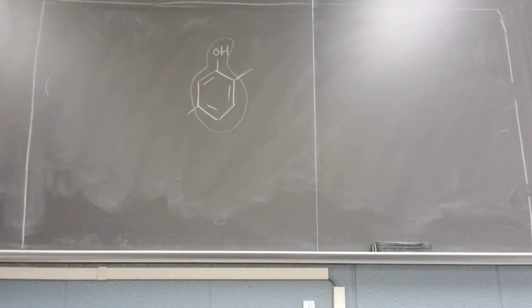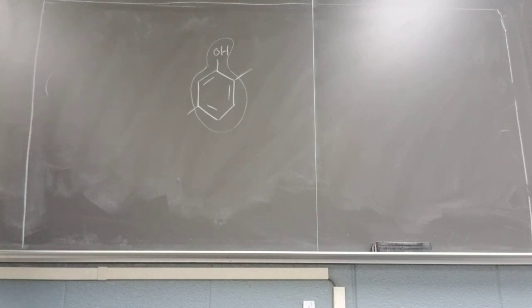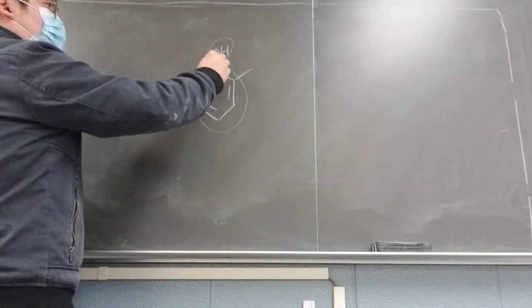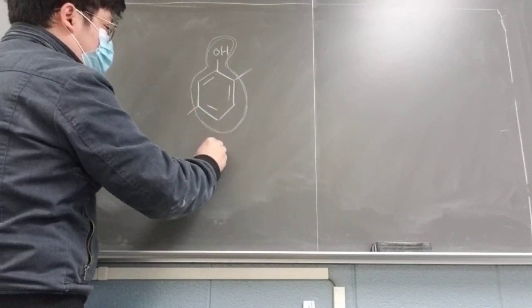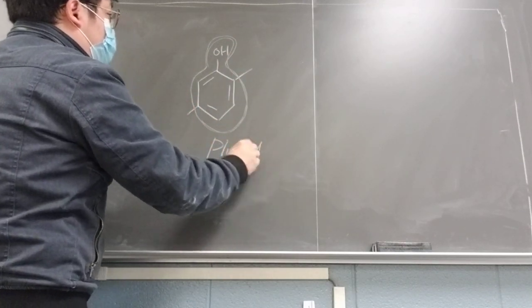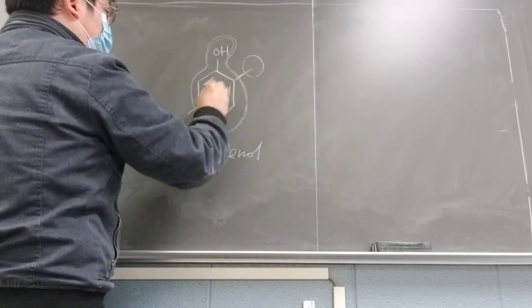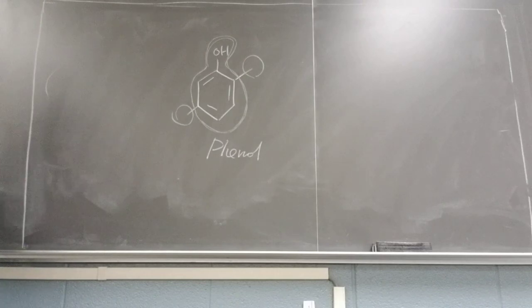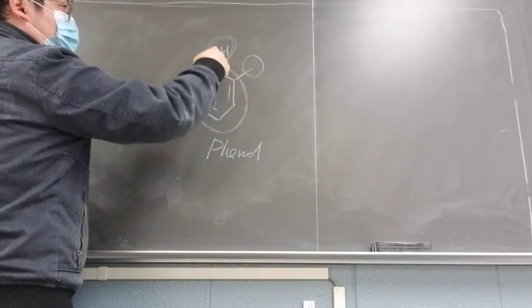Okay, so what might be the answer? Could you guys tell me? What is this, by the way? Phenol, perfect. Phenol, right? Okay. So you can start from here, and additionally, you have two groups here as your prefix. So you have two, but this is your base.